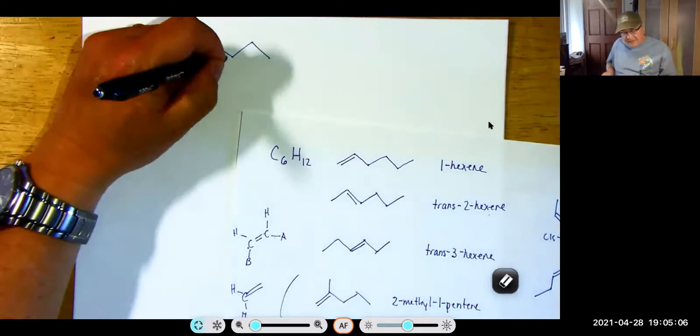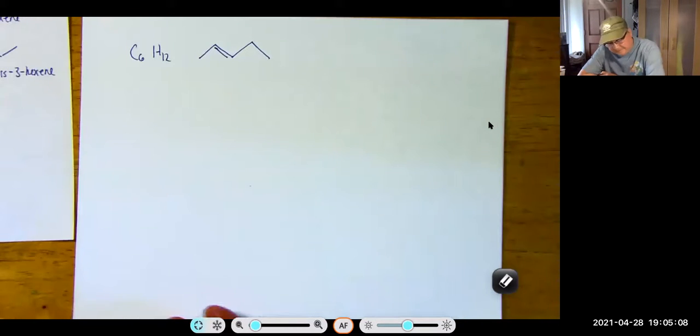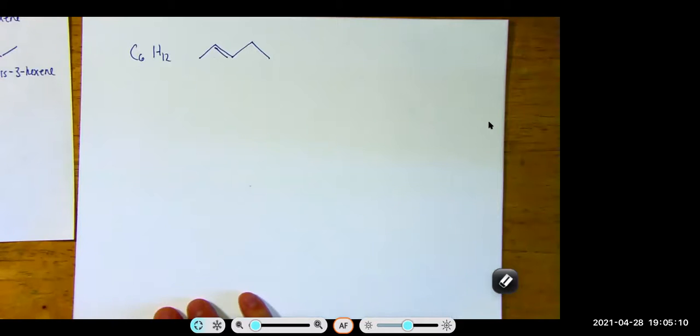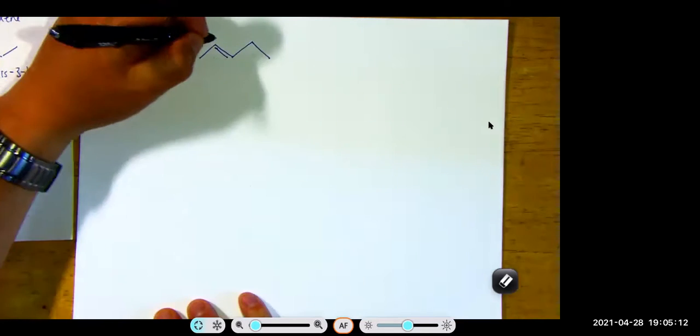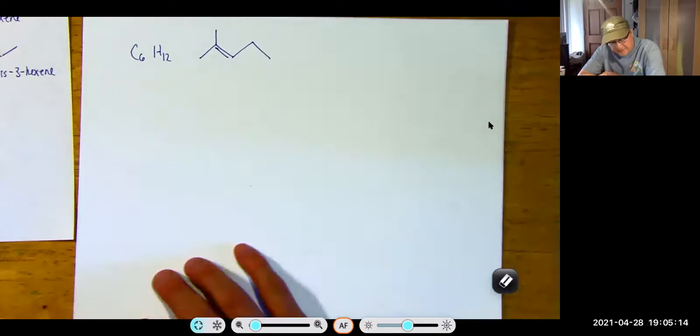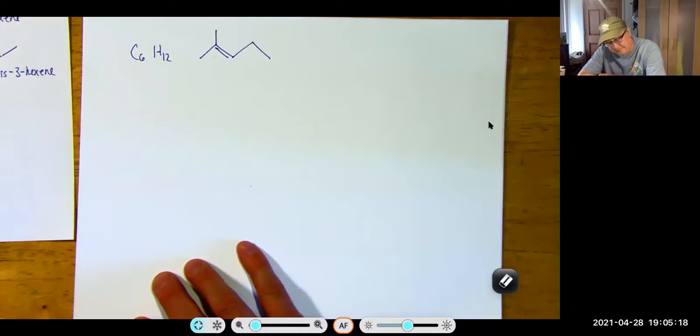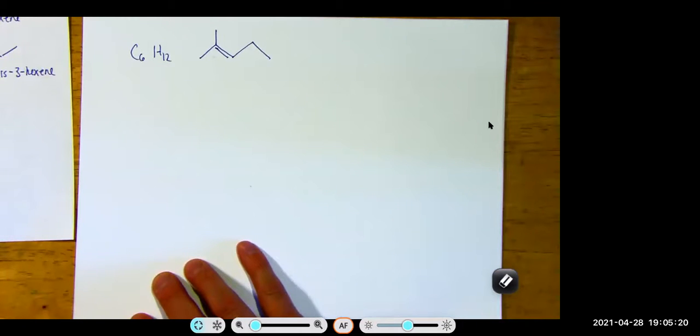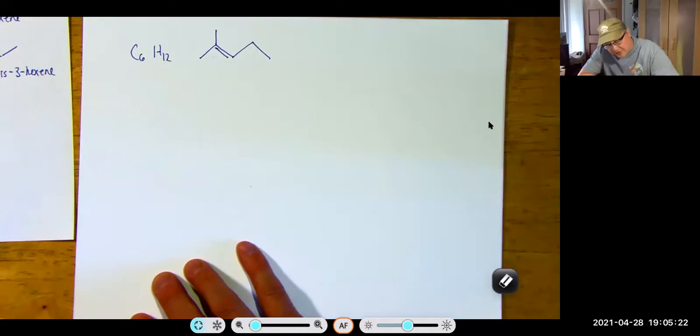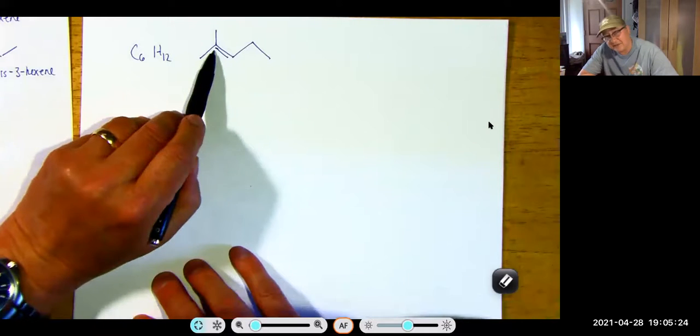So there is a 2-pentene, right? I could put a methyl there. Does this have cis-trans? No. How many hydrogens are bonded to that carbon?